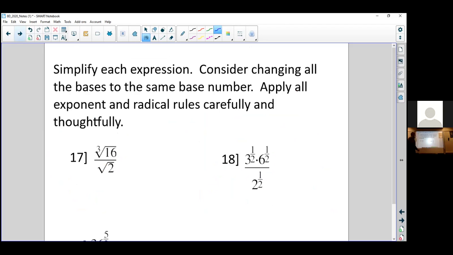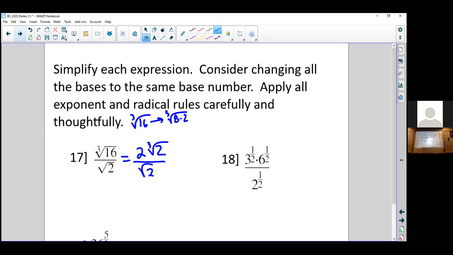But these are not the same radical in this case. So I'm going to take third root of 16 and break that down to third root of 8 times 2. Third root of 8 is 2, so that's going to give me 2 third root of 2 over square root of 2. So that's my first step.